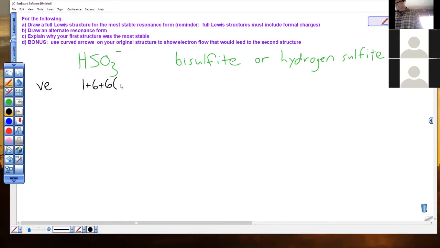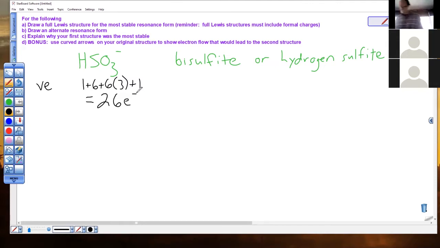And this species has 3 of those, and 1 more electron because an anion has 1 extra valence electron over the neutral version of this molecule. So when we're said and done here, that's 4 times 6, that's 24, 26. So when we're done, we have to have 26 valence electrons.